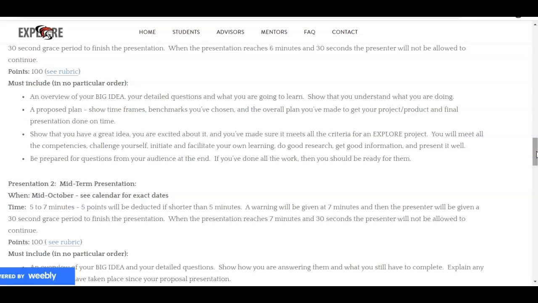So I know when I read through project proposals, a lot of those competencies were just slapped on there, and it was pretty obvious that they had no idea how they were going to meet those. That is the whole purpose of doing these presentations, is that by standing up there and talking, they are telling us that they understand the scope of their project.